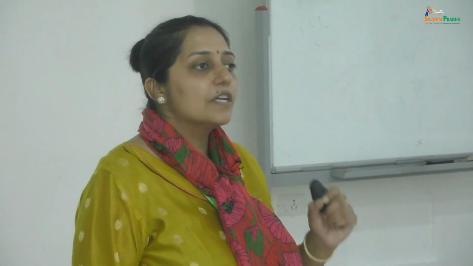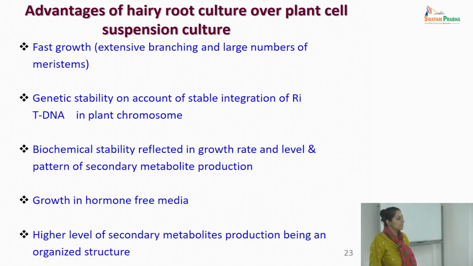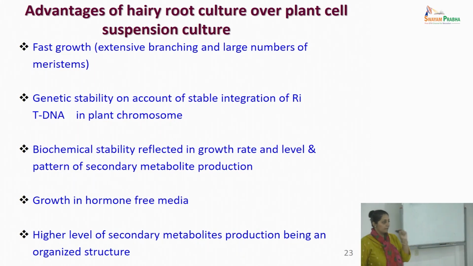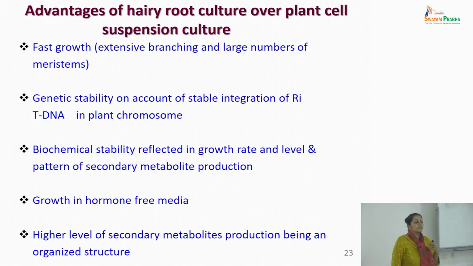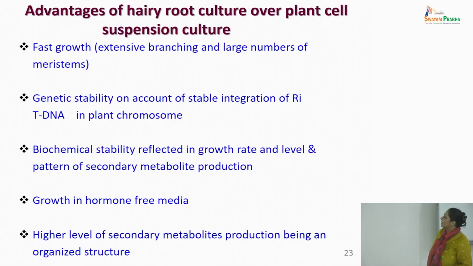Another is, because a large number of meristems are present, they have better growth rates than normal root cultures. So they have faster growth rates. Genetic stability: for the very fact that they are organ cultures, the problem of somaclonal variation is reduced. If you are using them as a transformant for genetic expression of some gene of interest, then too they are genetically stable systems, because there is integration happening in the genome directly rather than transient expression.